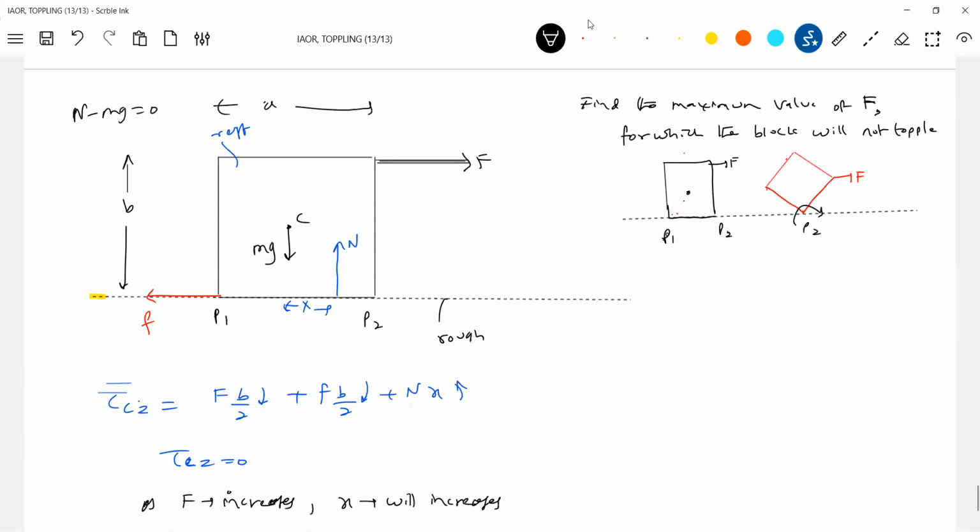What is the maximum permitted value of x? a by 2. So let me take the diagram now: the weight mg, applied force, the friction, and there's a normal contact.